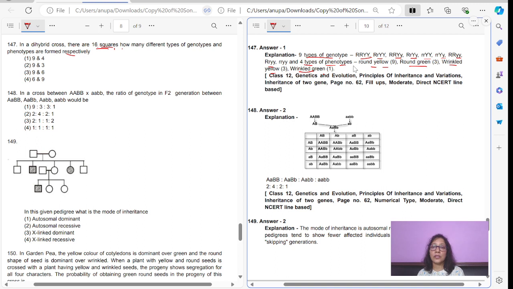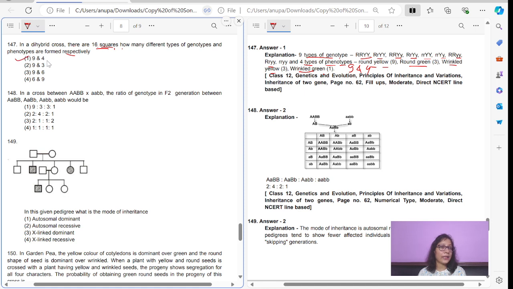So the answer of this question will be 9 and 4. Let's check the options. The first option is 9 and 4, so this is the correct answer of our question, option number 1.